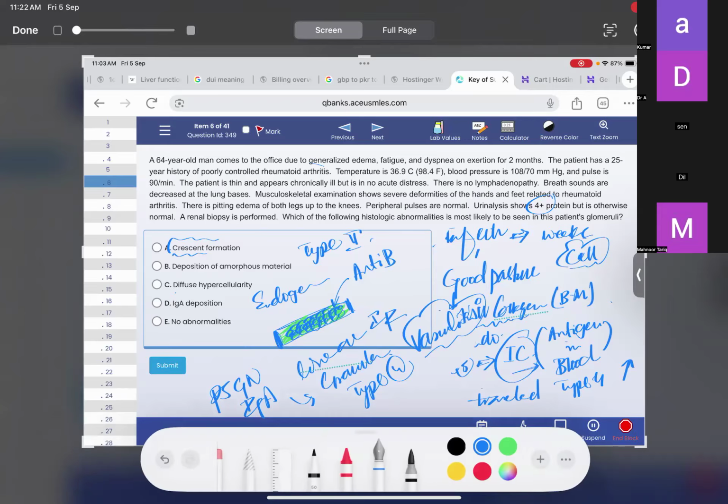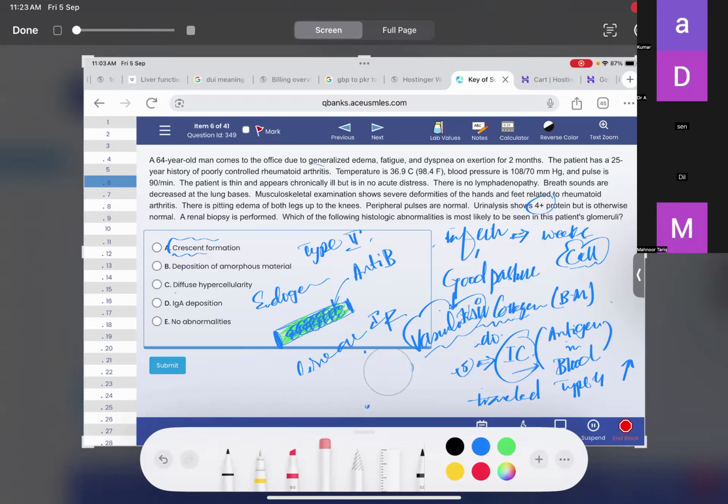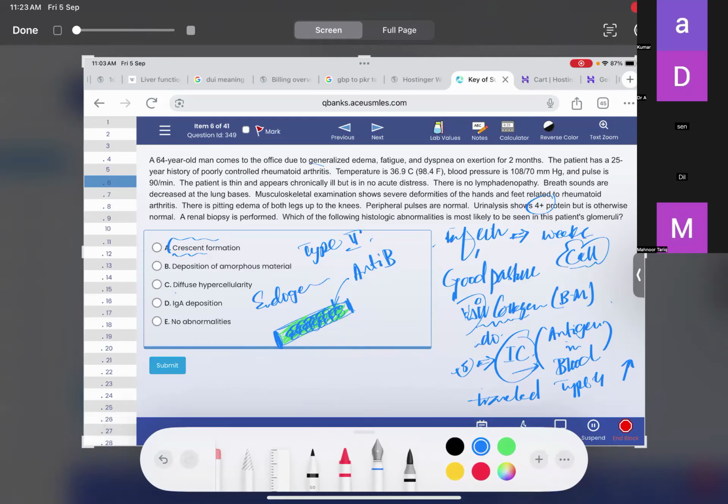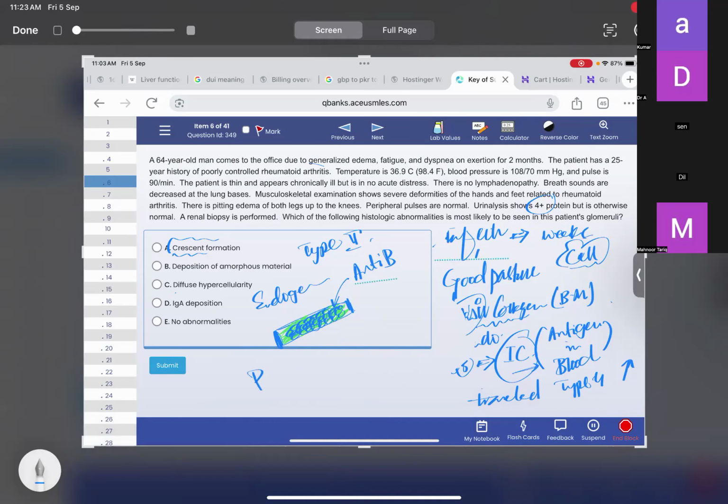There will be no immune complex. It will be pauci-immune. We don't have antibodies, we don't have immune complexes, so we call it negative or pauci-immune. So you know the immunofluorescence concept, why it is granular, why it is linear, and why it is pauci-immune, right?